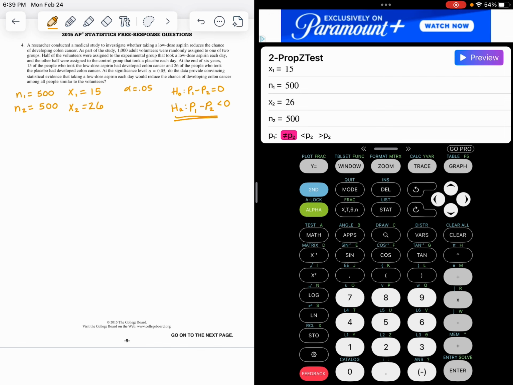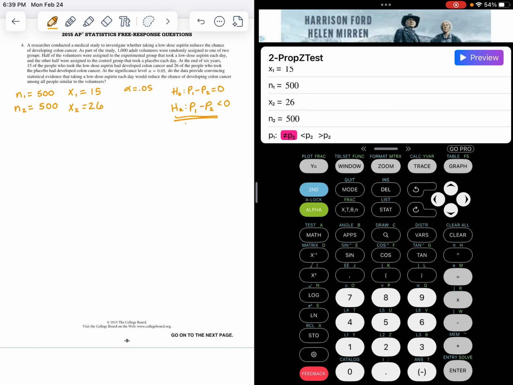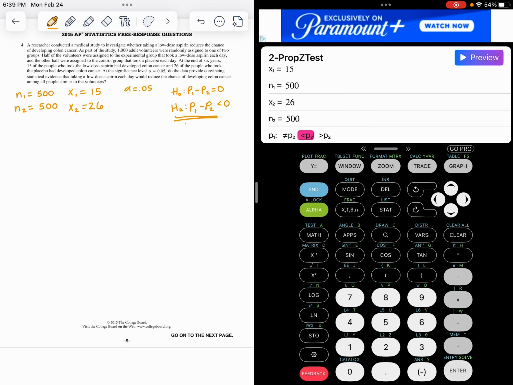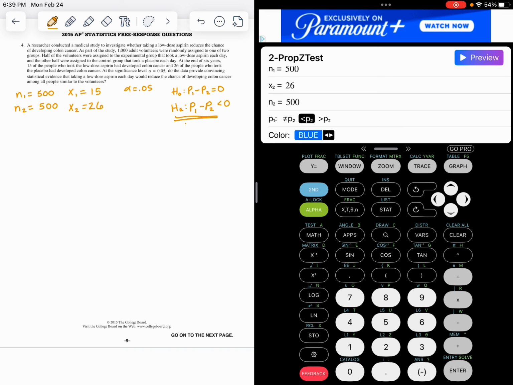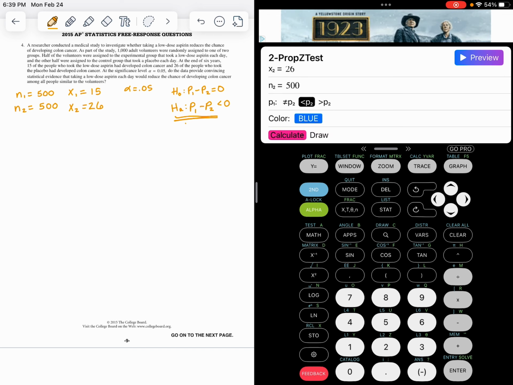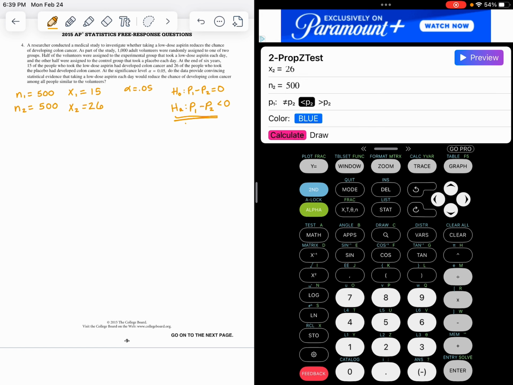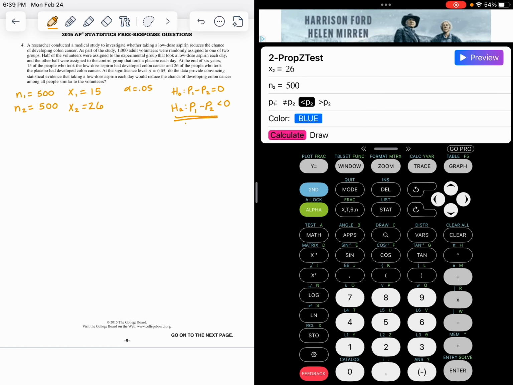We said that P1 minus P2 is less than 0, or another way of looking at that is that P1 is less than P2. So we're looking at that middle option here. So I'm going to hit enter. If yours is a little bit different, just think about what it looks like in our alternative hypothesis. And then you can skip the color because we're not going to worry about drawing. You can try to draw it and it'll show you a picture, but I'm just going to go ahead and calculate.